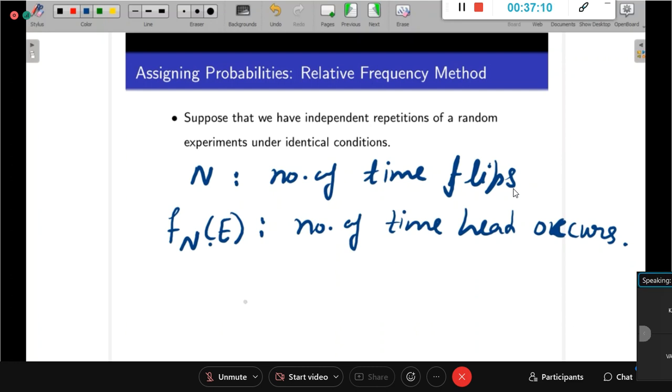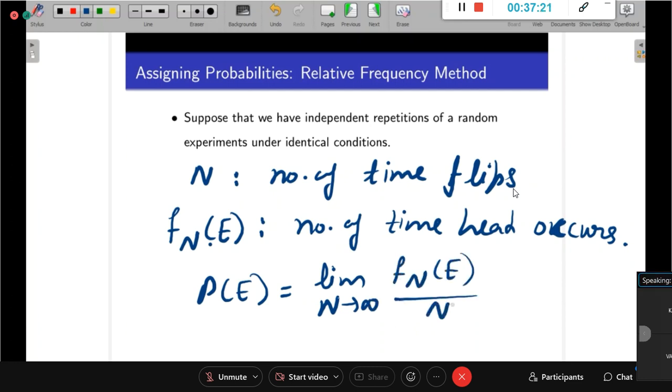Then the probability of E is assigned to be the limit as n tends to infinity of Fn of E divided by n. That will tend to some certain constant limit. That's also questionable. It is difficult to prove the existence of a limit.